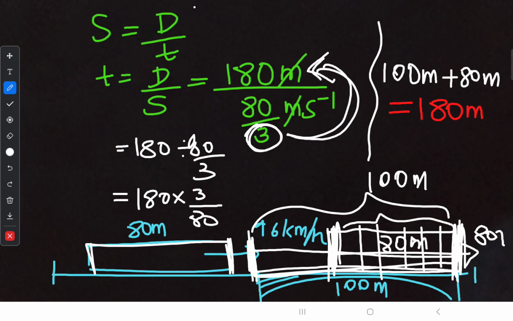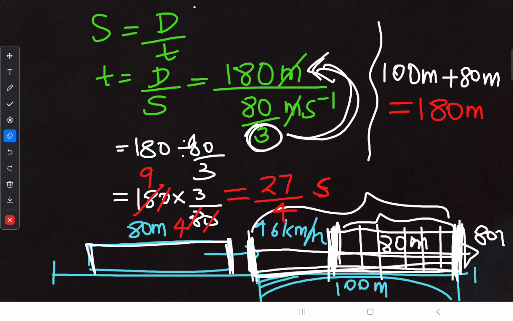Likewise, 180 into 3 divided by 80. We can simplify this: 8 and 18, 9 times, and here 4 times. 9 threes are 27. 27 divided by 4 seconds. This is the time.